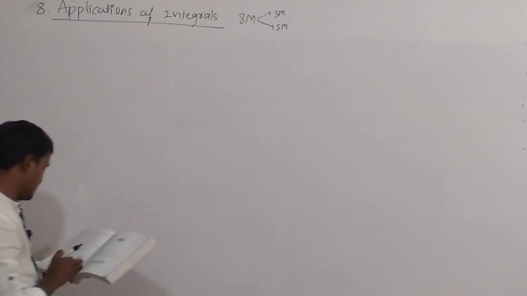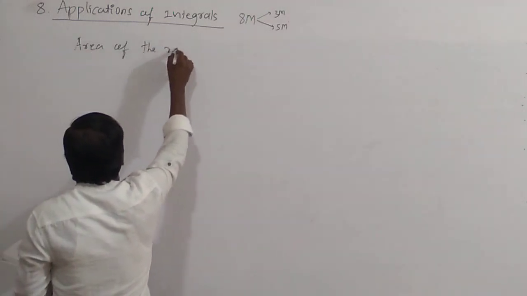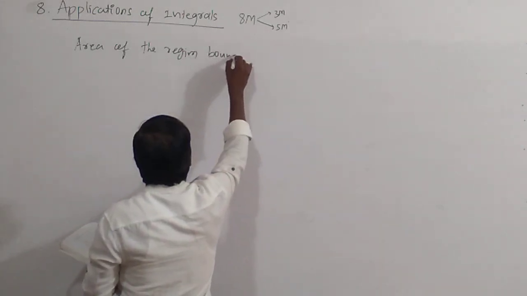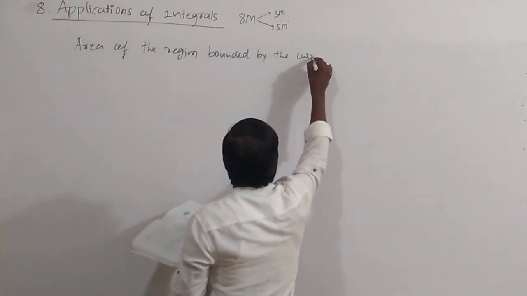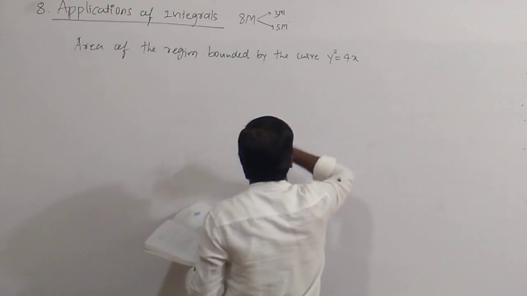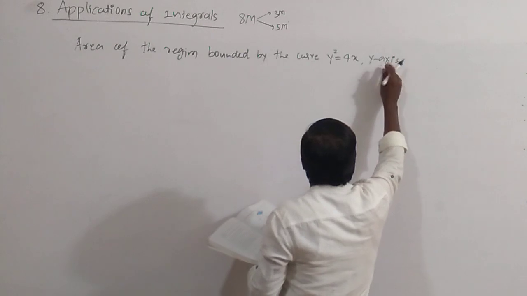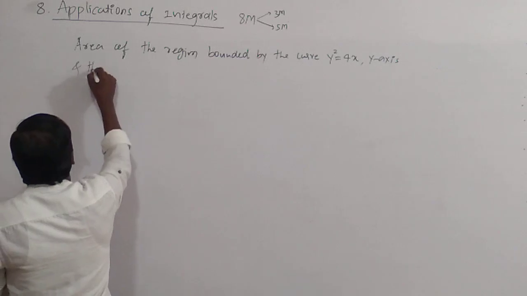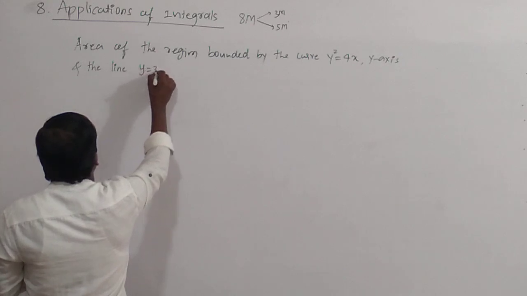Here, the area of the region bounded by the curve y square is equal to 4x, the y axis, and the line y is equal to 3.